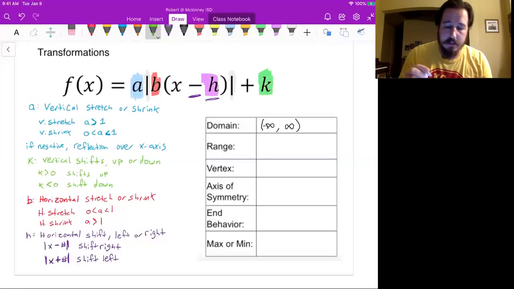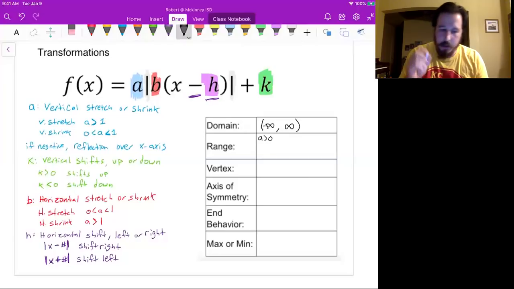So if A is positive, if A is greater than 0, then our range is going to go from the K value to positive infinity.